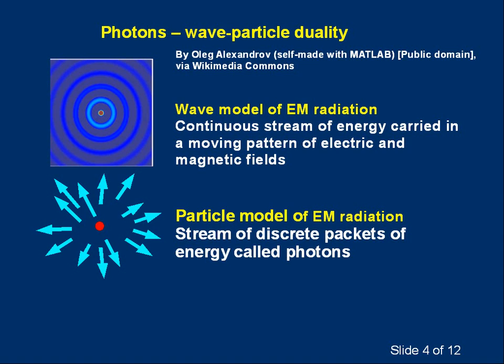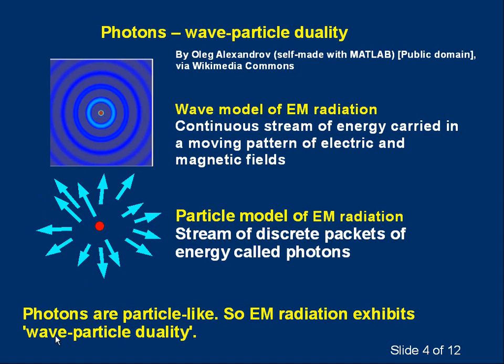And you can do experiments to show that electromagnetic radiation behaves as waves, and you can do experiments to show it behaves as these tiny packets of energy. When you learn about the photoelectric effect and quantum mechanics, you'll learn more about this. But for the moment, it's enough to know that both views of electromagnetic radiation are valid.